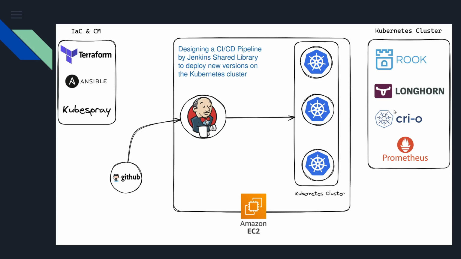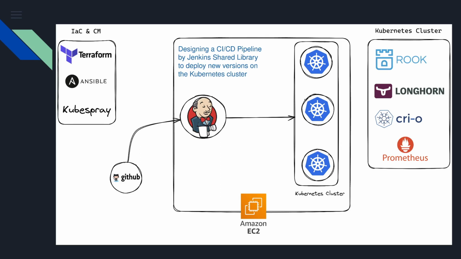After implementing this infrastructure, I will focus on designing a CI/CD pipeline by Jenkins shared library to deploy new versions on the Kubernetes cluster. Additionally, since I'm eager to get into the Kubernetes cluster, I'll try to play around with it more by installing at least one shared storage solution like Rook or Longhorn.